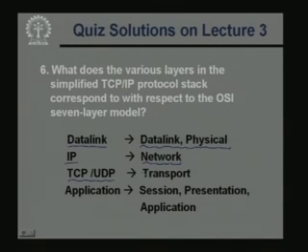TCP or UDP are the transport layer protocols, and the application layer may be a combination of session, presentation and application. So, this is how the TCP/IP 4-layer protocol suite corresponds to the OSI 7-layer protocol suite.